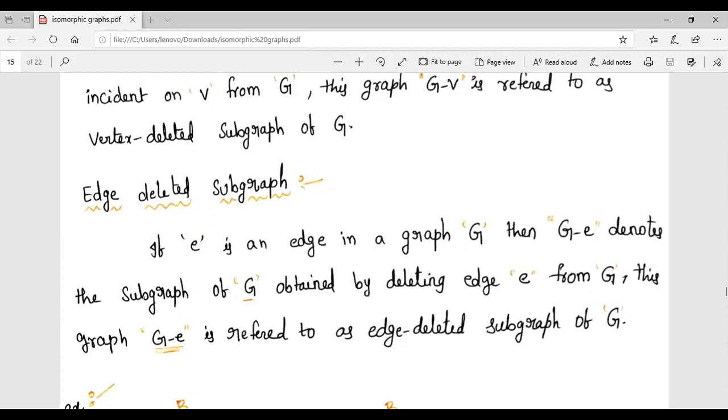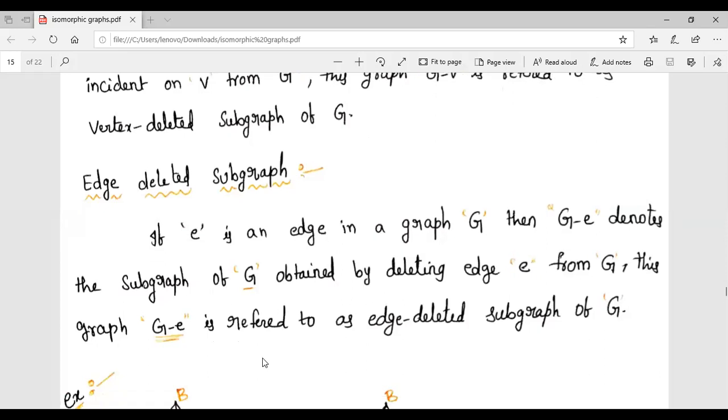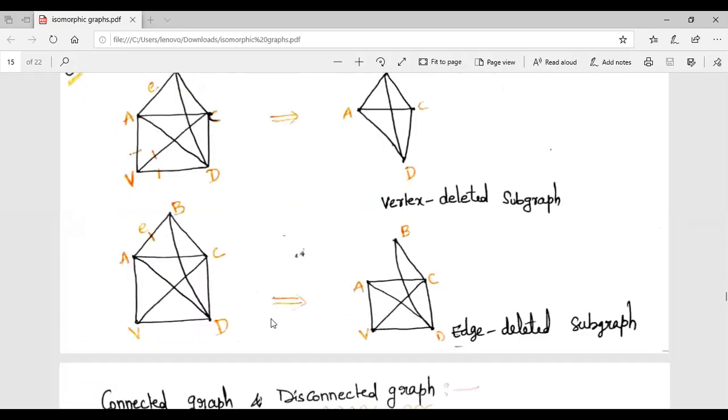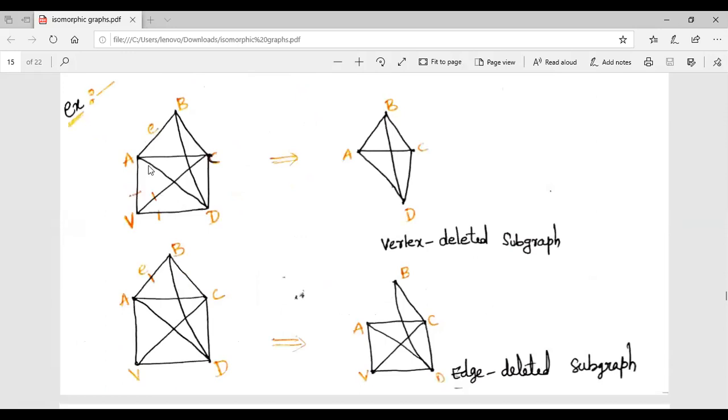So for example, in the first graph, the given graph G has A, B, C, D. We remove this vertex v, and we get the graph G minus v.